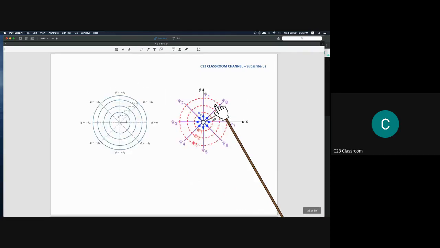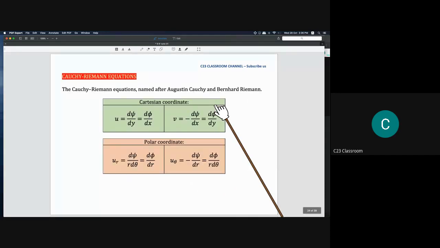Okay, then I would like to propose the Cauchy-Riemann equation. If you see in the Cartesian coordinates, we have u to describe the psi, and then for polar coordinate, we also have u to describe the psi here.